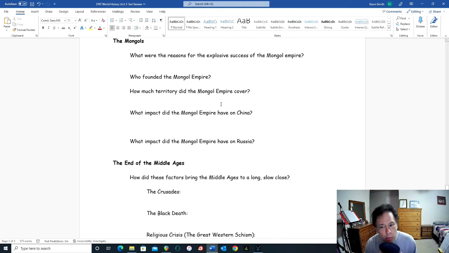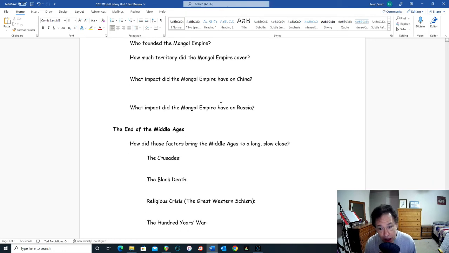So what impact did the Mongol Empire have specifically on China over in the eastern part of this massive empire that they had? And by the way, keep in mind, just three things with regard to this massive Mongol Empire that covered so much of Asia. Keep this map in your head, if you will.